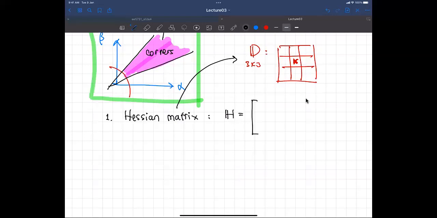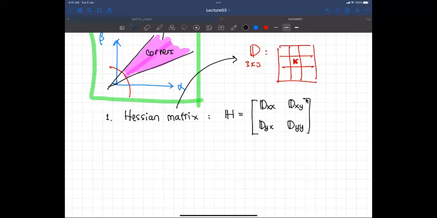If you have two-dimensional data, the second derivative of this two-dimensional data is a Hessian matrix. So I can just write here, the Hessian matrix is dxx, dxy, dyx, dyy.